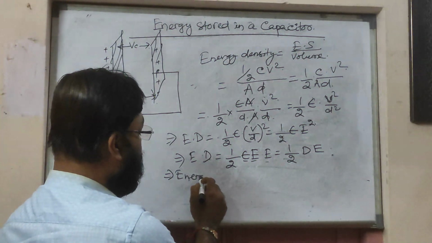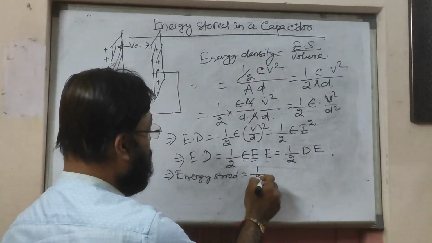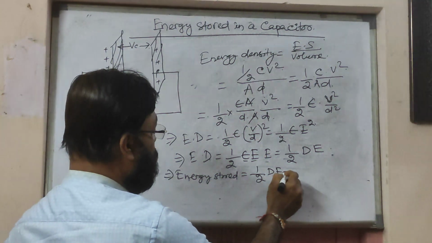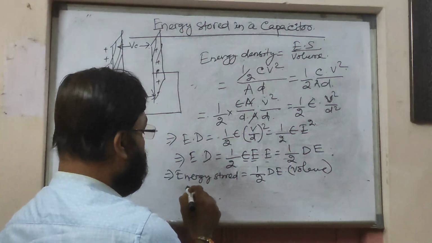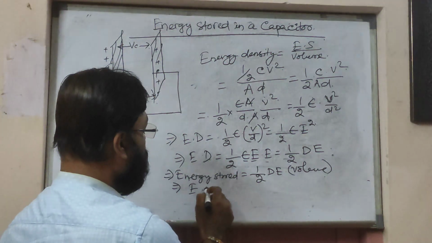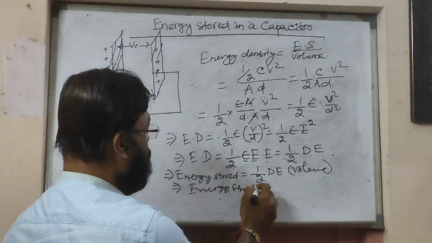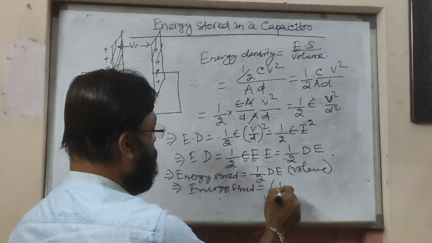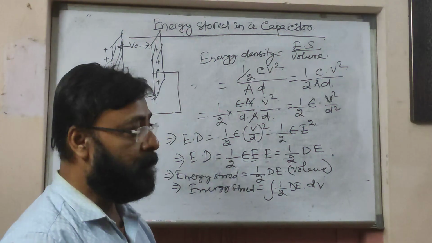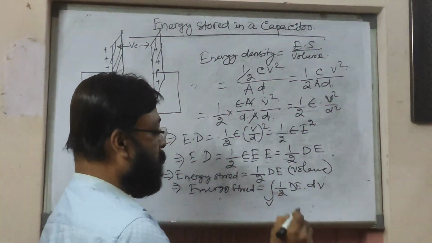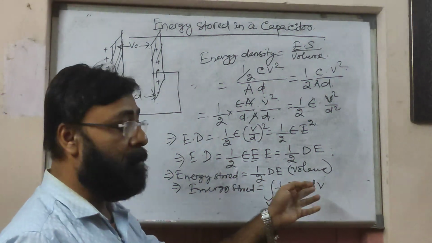So we can write energy stored is equal to half D E into volume, and in integral form, the energy stored is equal to the volume integral of half D E dV.